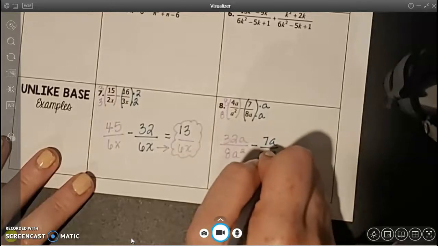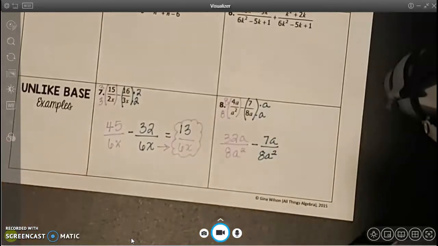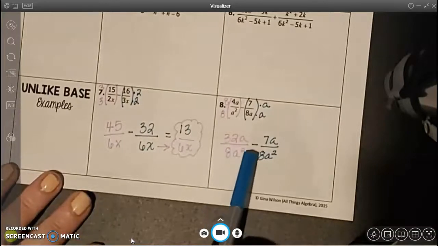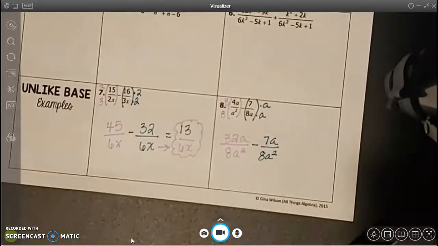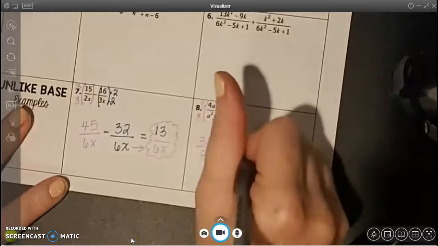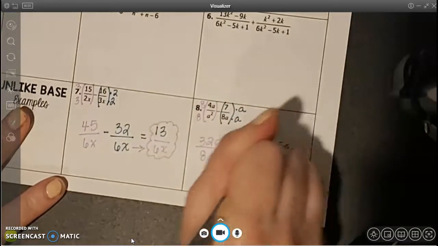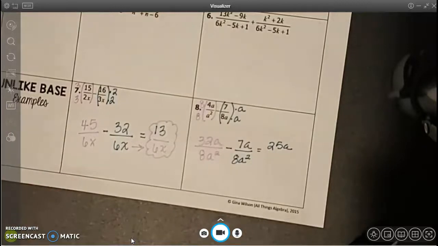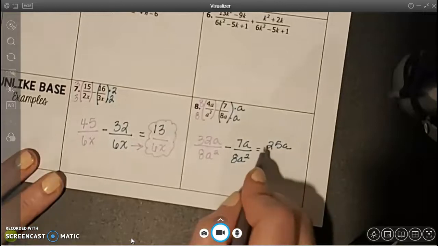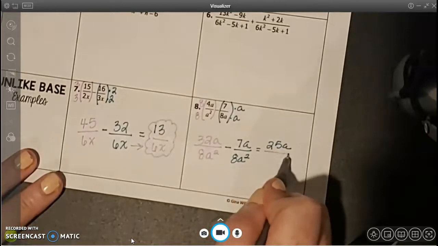Notice I now have a common denominator, so I can carry out the subtraction. 32a minus 7a is going to give me 25a, all over 8a squared.